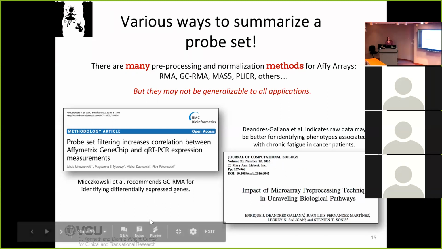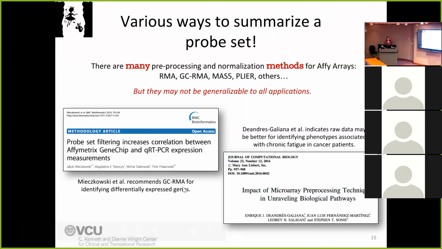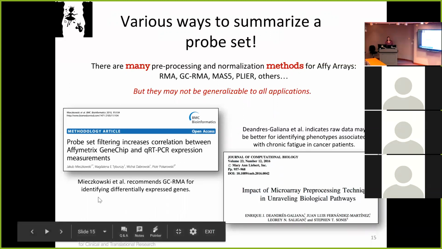For example, this paper here recommends that the GC-RMA normalization is best for identifying differentially expressed genes, and they did an experiment to show that.